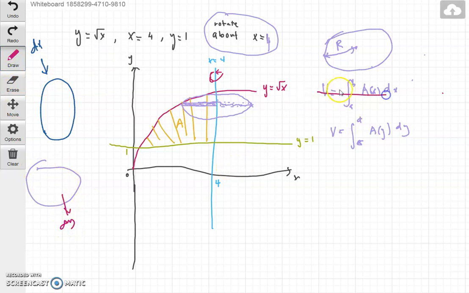So we can ignore this formula and use this formula. In order to determine the limits C and D, because we want to use dy, the values of C and D must come from the y-axis.